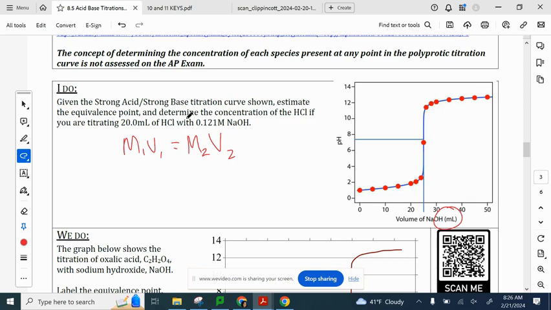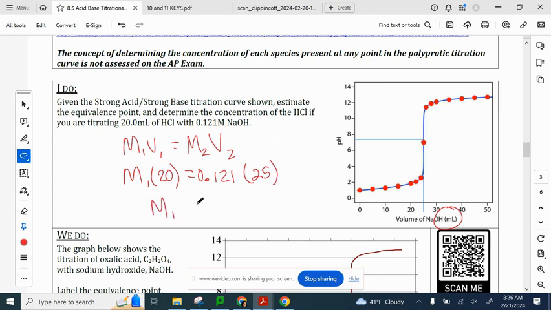All right, so we are determining the concentration of this, so we're solving for M1. We know that we had 20 milliliters of HCl here. Our M2 was given in the problem, which is 0.121 molar, and we're multiplying that by how much we used, which was 25 mils.